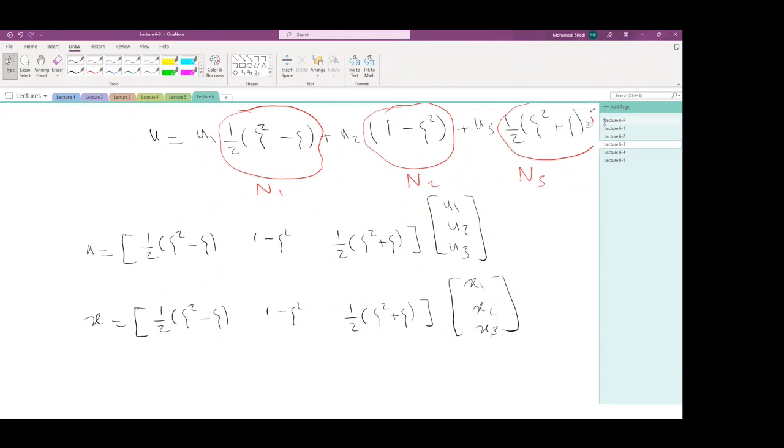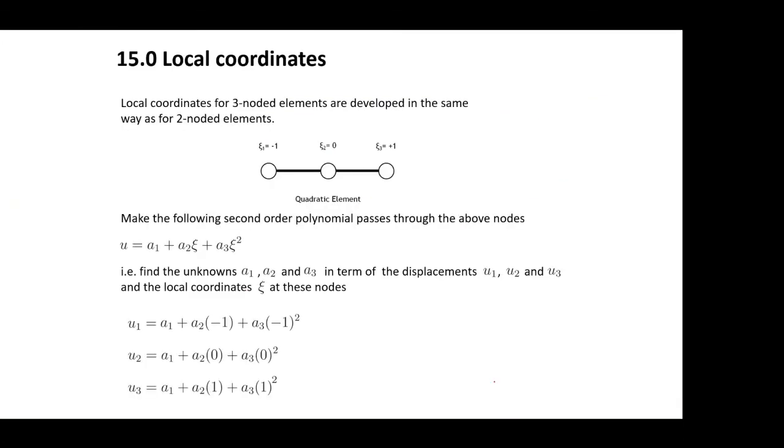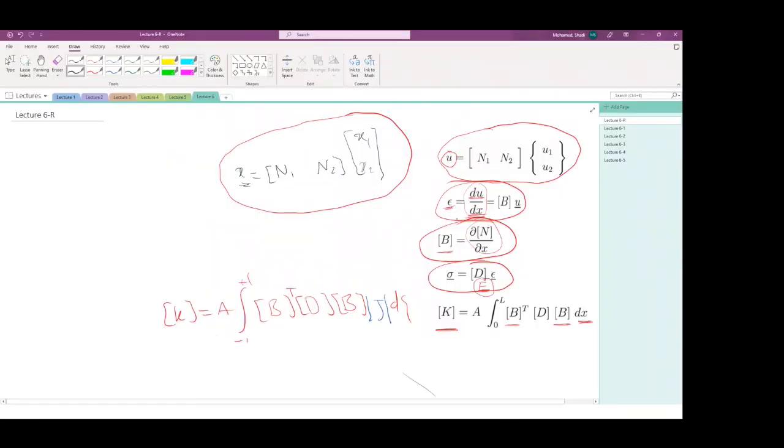If you go back, you see that I need to find the strain now. So this is the derivative of u with respect to x. This is basically the B matrix.